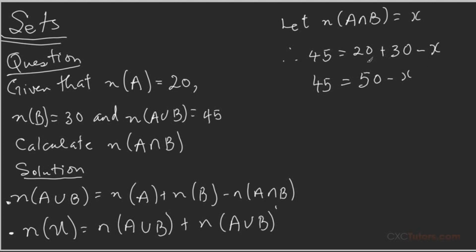What we can do is take the X to the other side to make it positive, so basically we are adding X on both sides of the equation. It will not change the equation in any way.